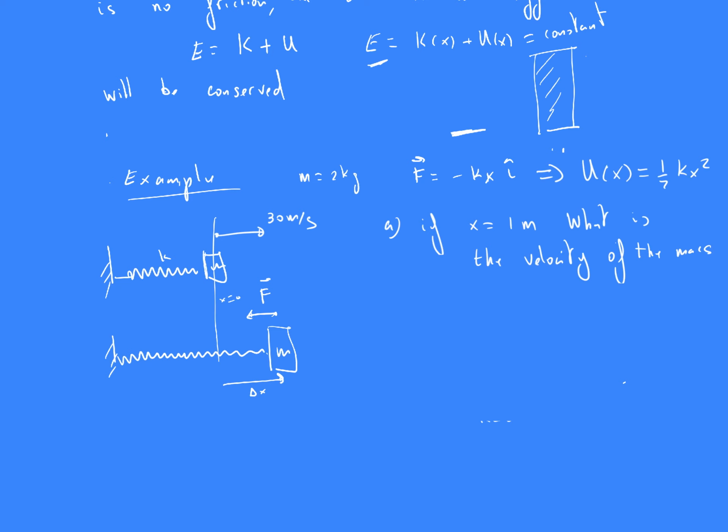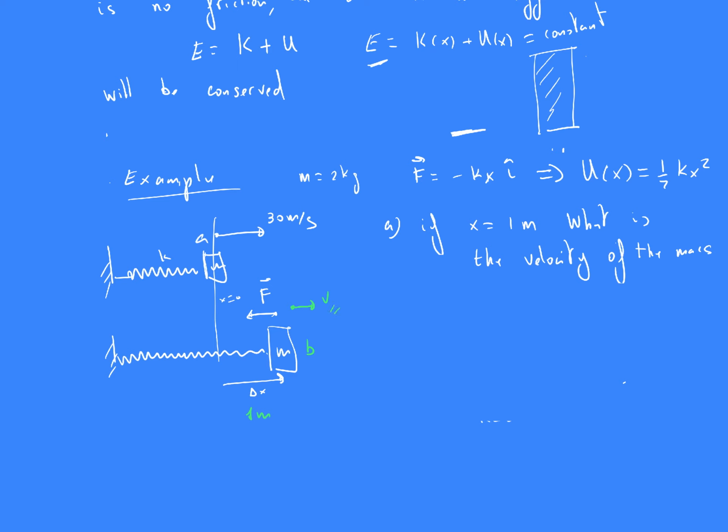So the force is in the negative direction. I'm moving from this position A to the position B, which is 1 meter ahead. The mechanical energy is conserved. So how will I find the velocity at this point? Will it be smaller or bigger?